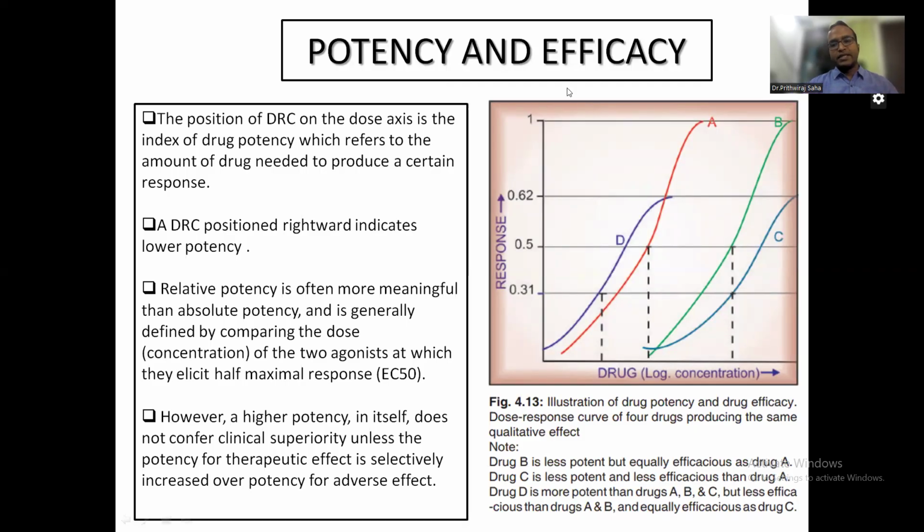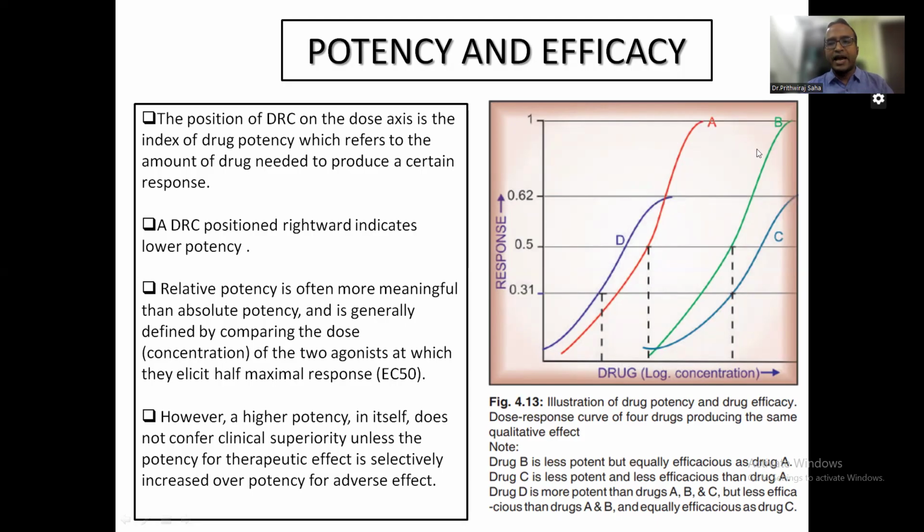So what is efficacy? Here see that there are four drugs A, B, C, D. The drug B is less potent but equally efficacious as drug A. Because the highest possible response reached by drugs A and B is equal, these two drugs are equally efficacious, as both are reaching the same highest response, but C and D are not reaching so high a response.